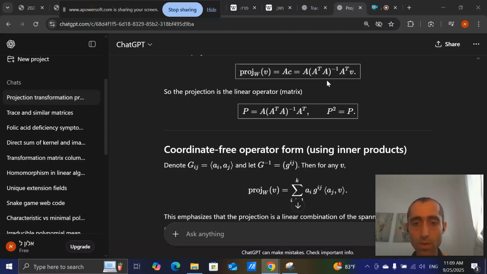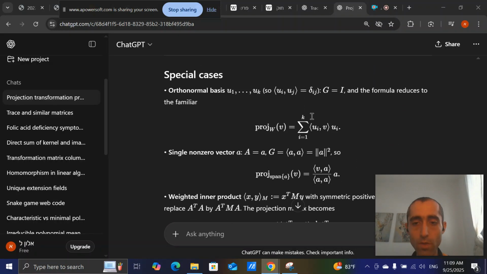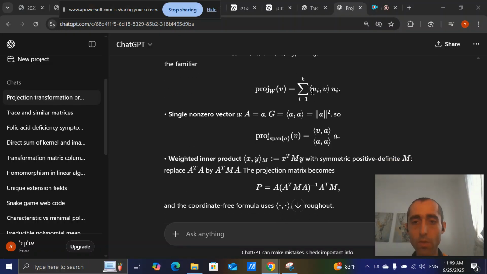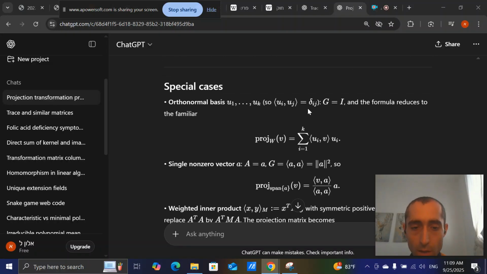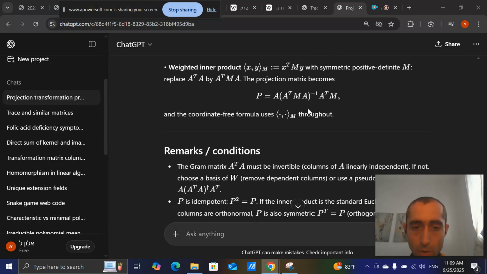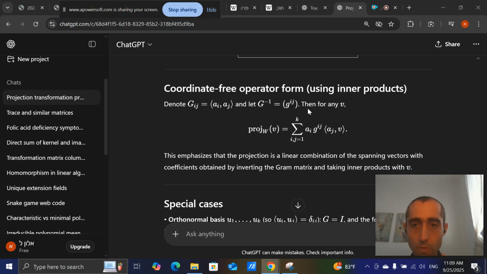This is the matrix formula, but this is not what I wanted. I want to show you it for vectors and not for matrices.